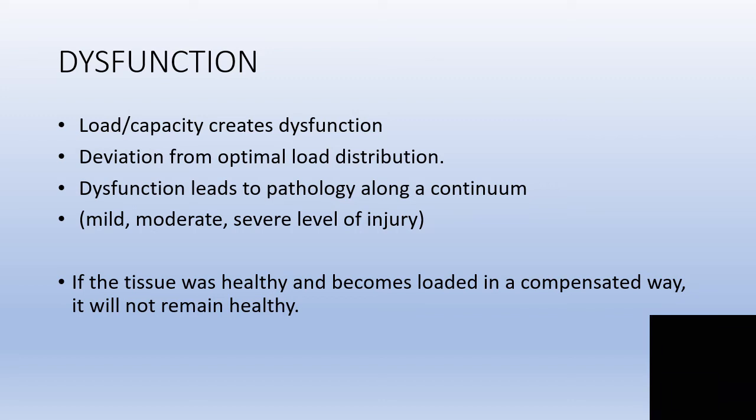Changes in how the body moves, decreased range of motion, stiffness in the tissues, all can lead to a less than optimal load distribution. And this dysfunction leads to pathology along a continuum, can start as mild, can progress to moderate or to severe level of injury. And if the tissue is healthy and becomes loaded in a compensated way, most tissues will eventually not remain healthy over the long haul.